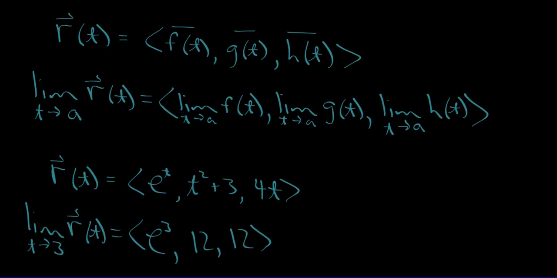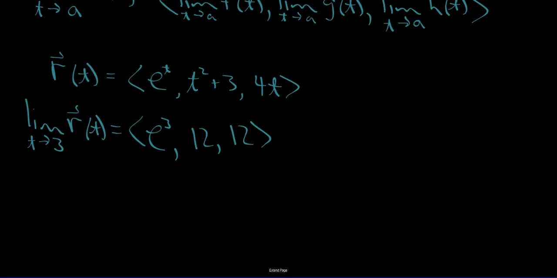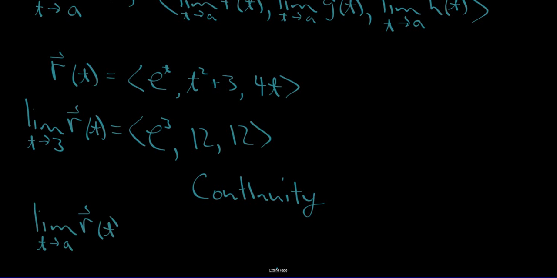Now, also, if you want to talk about continuity, if you're wondering whether this space curve is continuous, well, here's the thing. A space curve is continuous at a point if the limit as t goes to a of r of t is equal to exactly r of a.